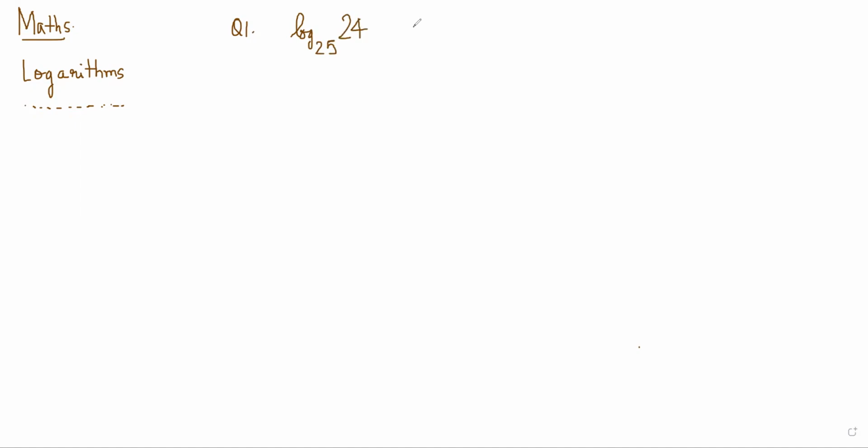So what I did was I used the base change formula to say that, let's just have a base A, where log A 15 and log A 6 is equal to alpha, and log A 18 and log A 12 is equal to beta.